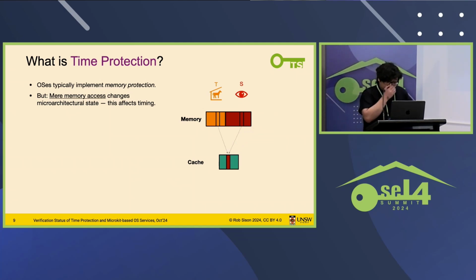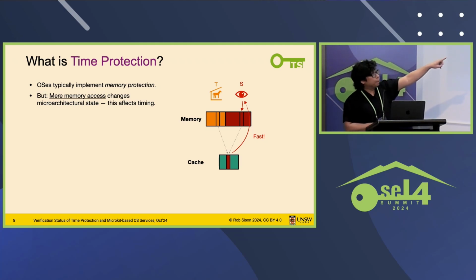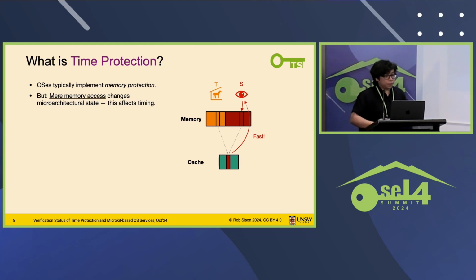So when the Trojan accesses its own memory, normally the first time you access memory, it's loaded into a cache and it's slow, and then it's fast. And if the OS has allocated physical memory carelessly, the Trojan accessing its own memory evicts the relevant entry for the spy, and the spy is able to tell that that's happened.